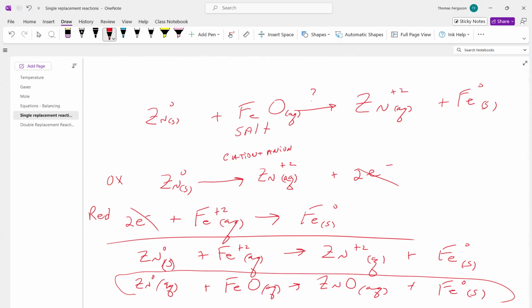Okay. So that's a very straightforward single displacement reaction.